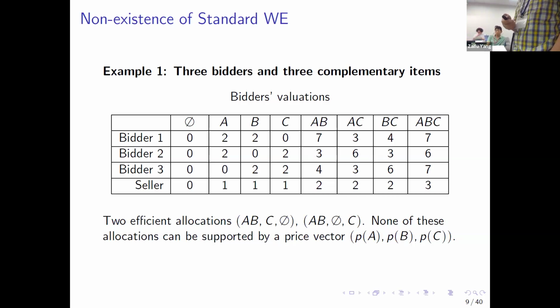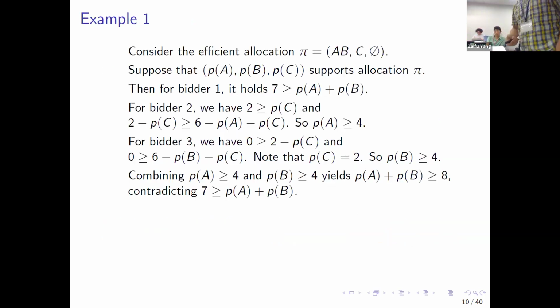So the prices PA, PB, PC. Let's look at the first efficient allocation, A, B, and C. Now I claim that this cannot be supported by linear prices PA, PB, PC.